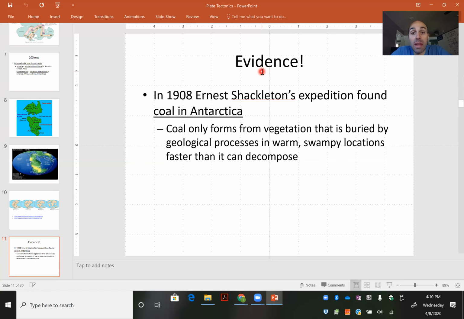This would lead us to believe that Antarctica wasn't always in a cold location. It was actually in a warmer location, which leads to the fact that these continents are constantly moving. And right now, we're just in a time where Antarctica is cold. But at one time, way back when, it was warm. It was in a warmer location.